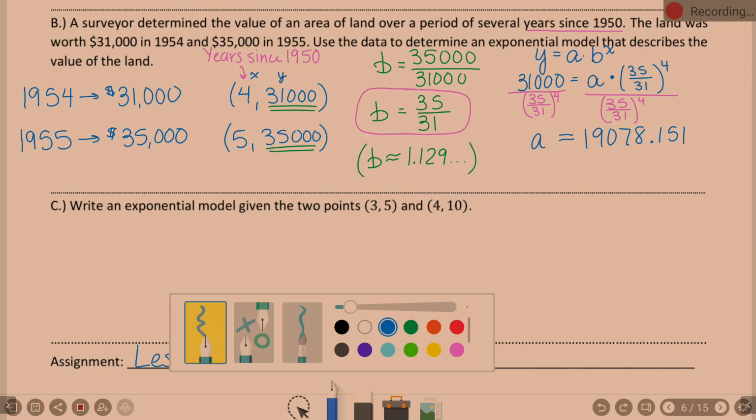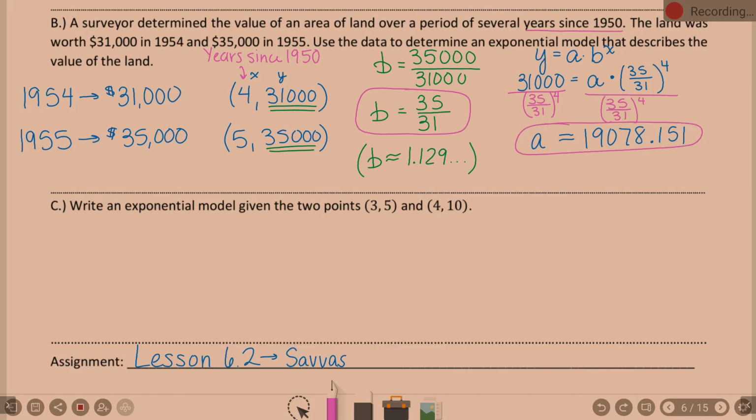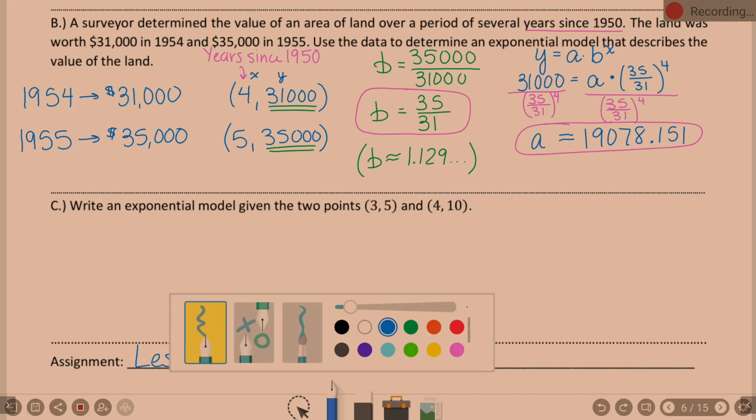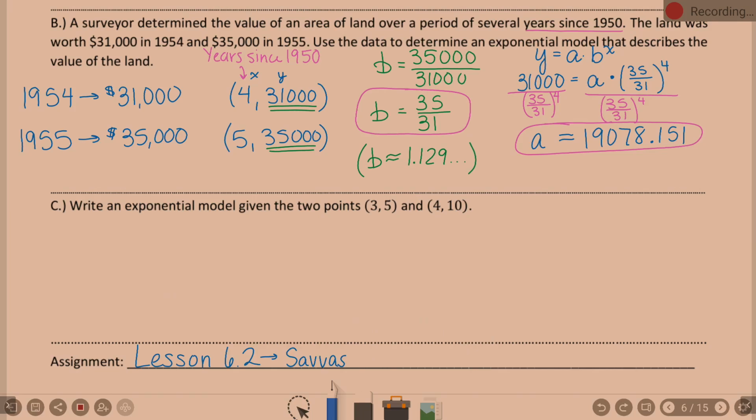And remember, how did Savas want answers? I think Savas actually wanted 3 decimal places. So I'm going to give you 2 options of how to write this, but I think Savas is going to want the decimals. One option is to say A times B to the X, right?